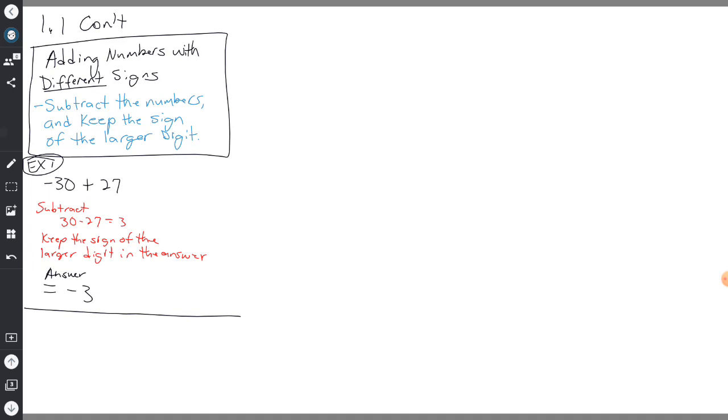So that's replenishing some of your negative, and you'll still have negative $3 left in the account as your balance. So when we're adding numbers with different signs, we actually do subtraction of the numbers and then keep the sign that's with the larger digit.